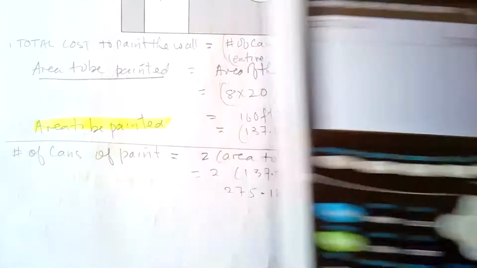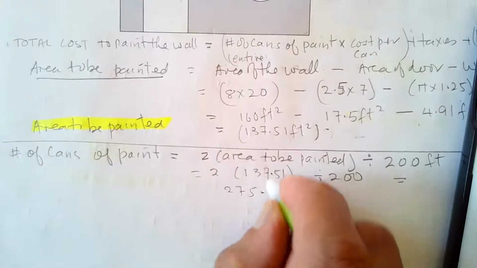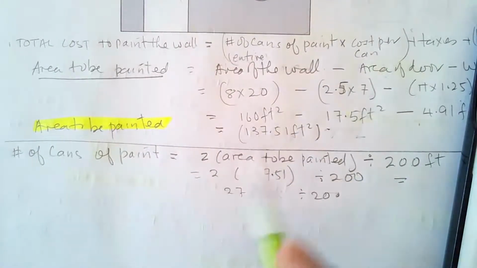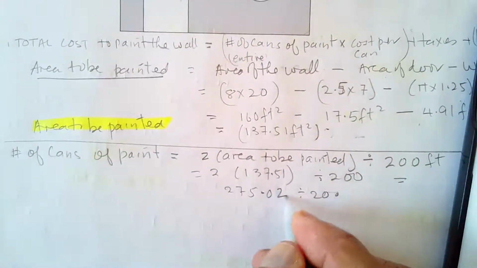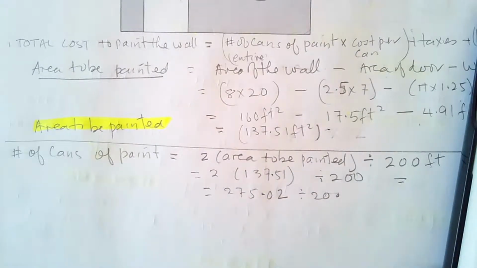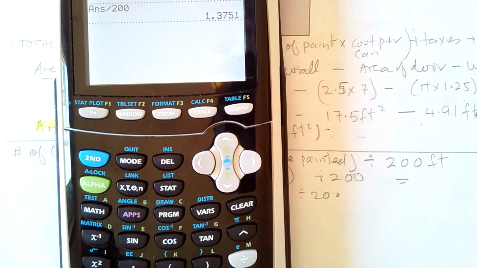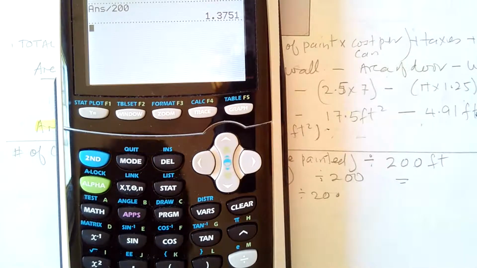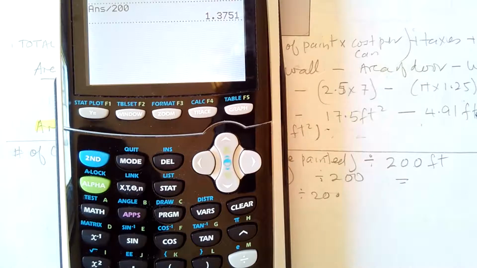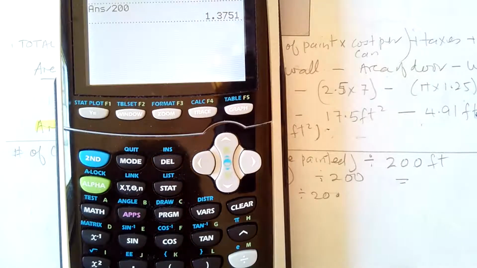Yeah, 275.02. Now divided by 200. That tells us we need 1.37 cans of paint.